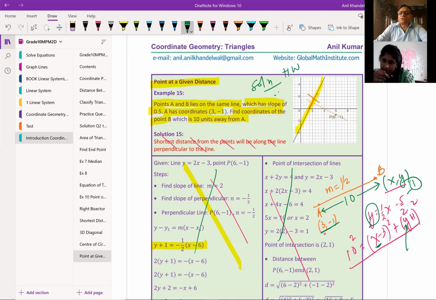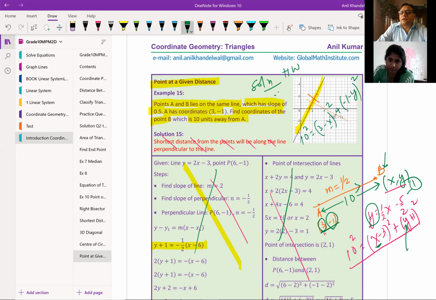So in the formula we have 10 squared as the distance, equal to, using one of these points, 3 minus x whole square plus minus 1 minus y whole square. So the only unknowns are x and y, the coordinates of point B. Now, you know the equation of the line because both points are on this line, correct?